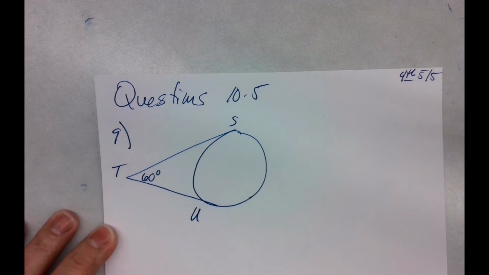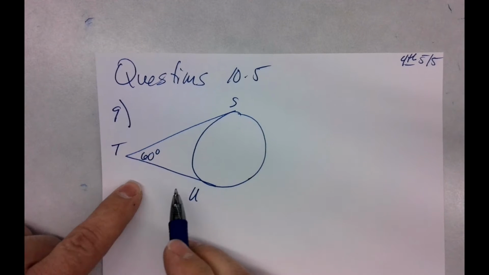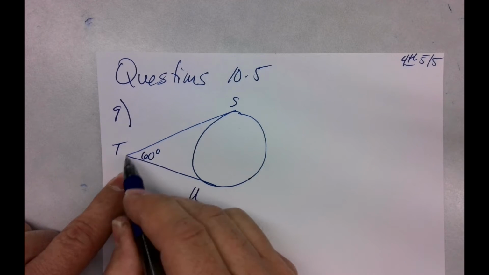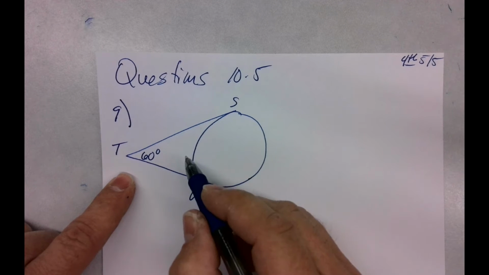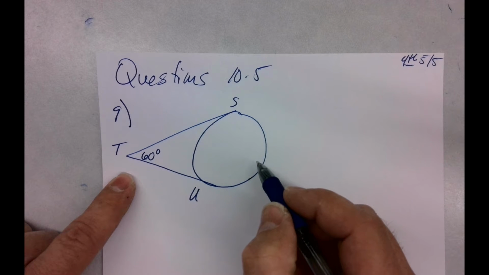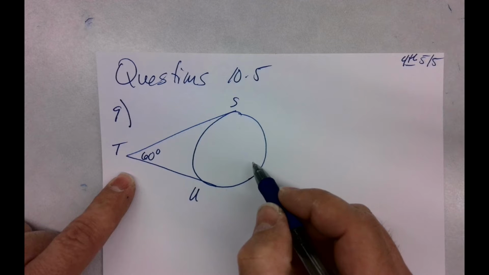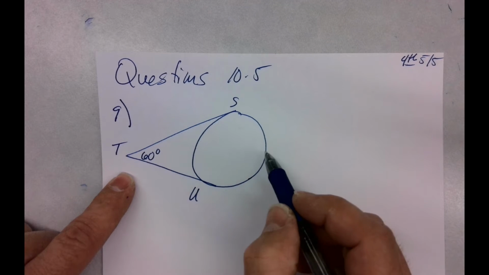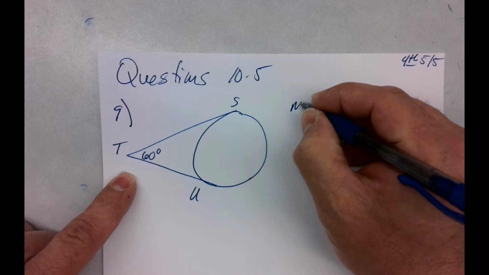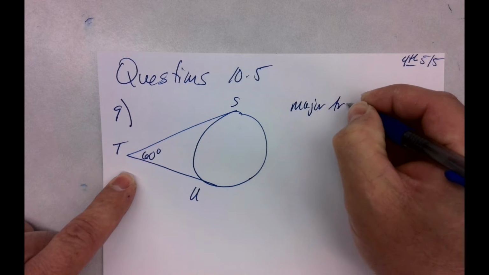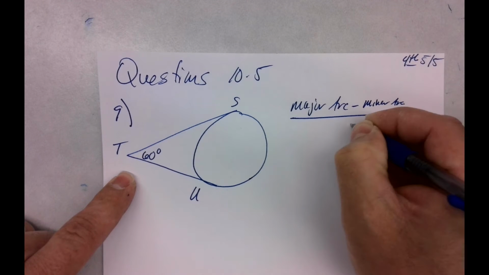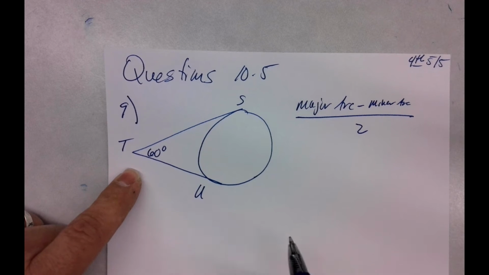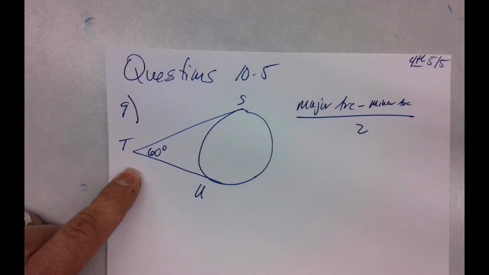Okay, listen up. Now remember that if it's out here, it is what? What did I have to do here? Yeah, so it is major arc minus minor arc divided by 2, right? Now the problem is that I don't know either of my arcs, do I?